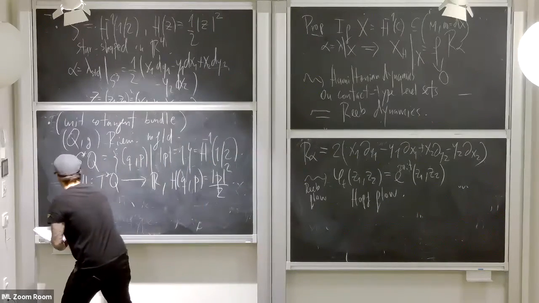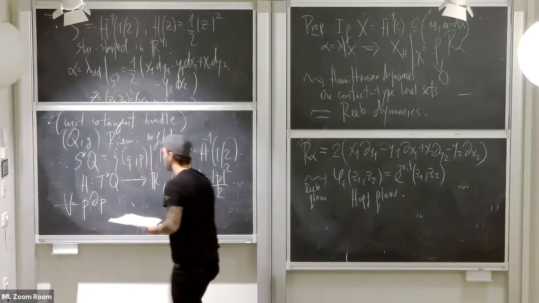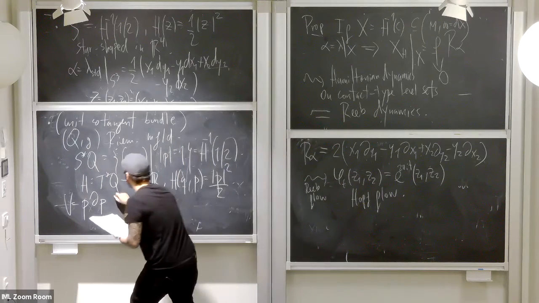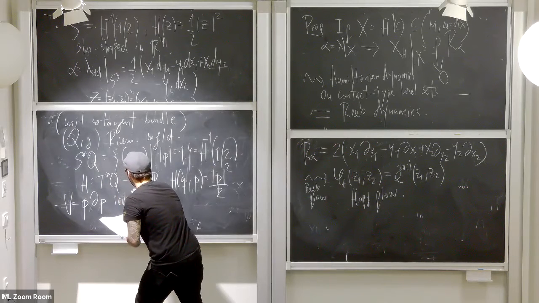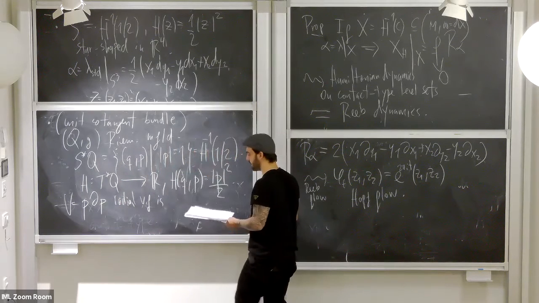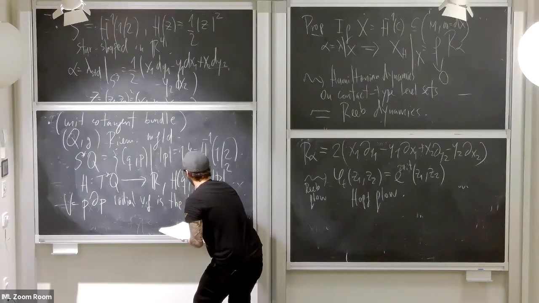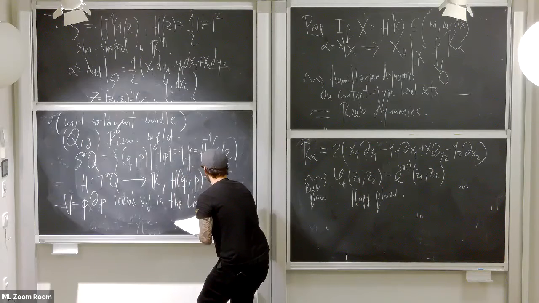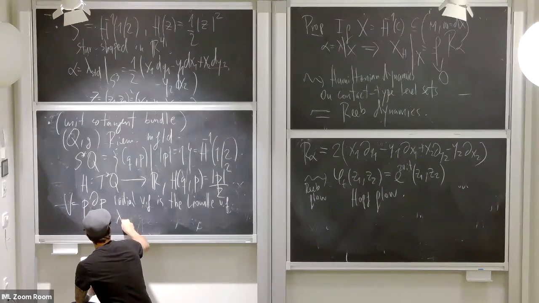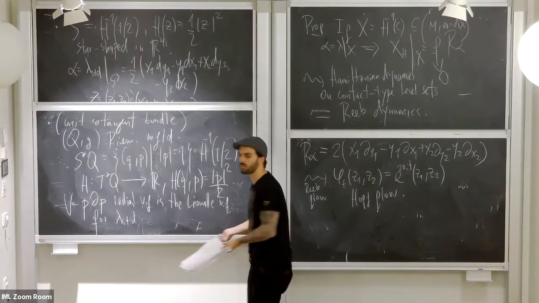So if you look at the radial direction of the fibers, p partial p, this is a radial vector field, precisely the Liouville vector field of the standard Liouville form. And it's clearly transverse to the unit cotangent bundle.